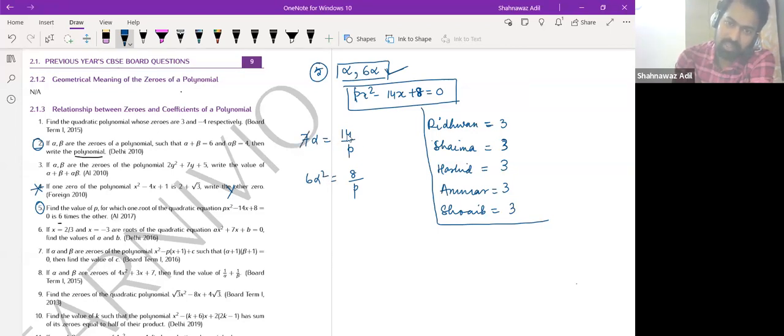So alpha is 2 by p. So alpha square, 6 into 2 by p square, this is 8 by 3. So then we can write this as 6 into 4 by p square and 8 by p.